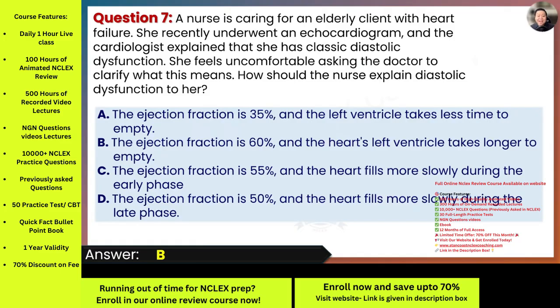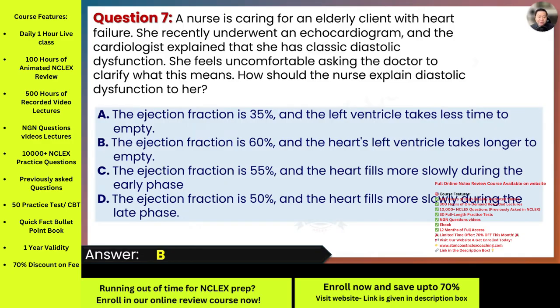Well, it actually acknowledges the normal ejection fraction of 60% and also explains that the heart's left ventricle takes longer to fill. And so this is the key understanding the problem in diastolic dysfunction, which means the ventricle doesn't relax well and it can cause a delay in the filling process.